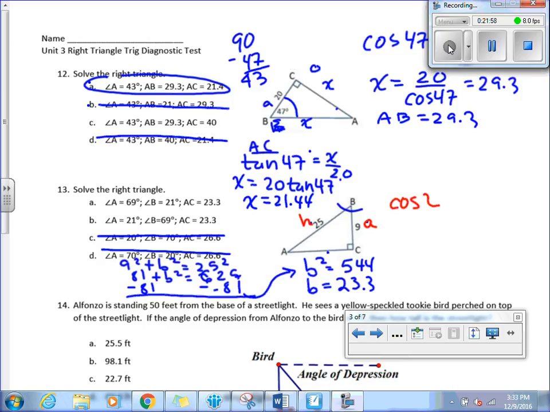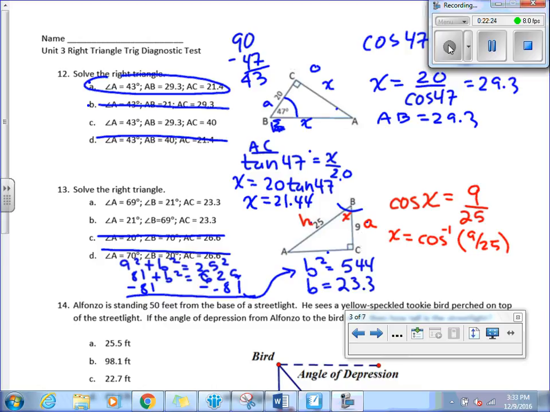So the cosine of x. I could have used a b, but I used x. That's my unknown. So the cosine of x equals the length of the adjacent side over the length of the hypotenuse. So I'm looking for the angle measure. I do not know it. So that means I have to use an inverse cosine function.